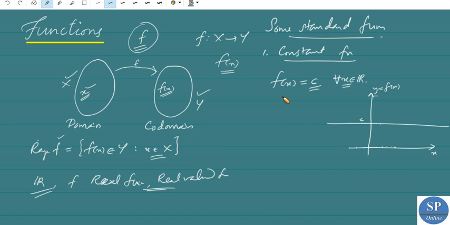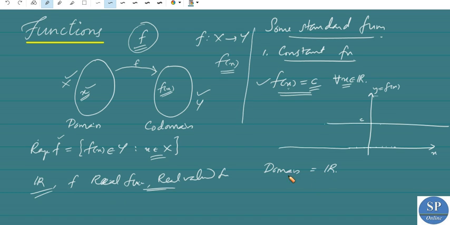Now what will be the domain of this constant function? Here we can assign any value, any real number, for x in this function f of x equal to c. So therefore the domain is nothing but the set of all real numbers R. For any real number x, the function is defined.